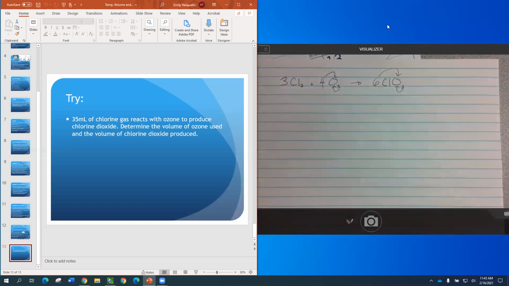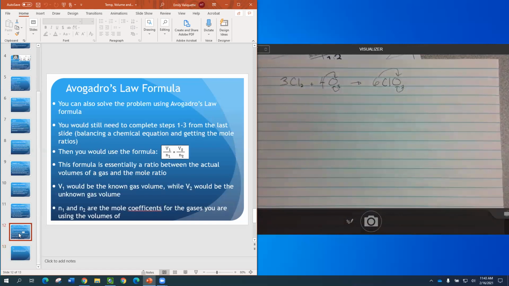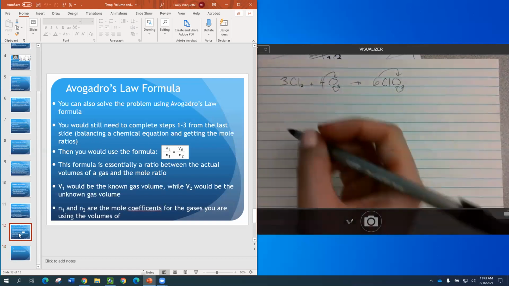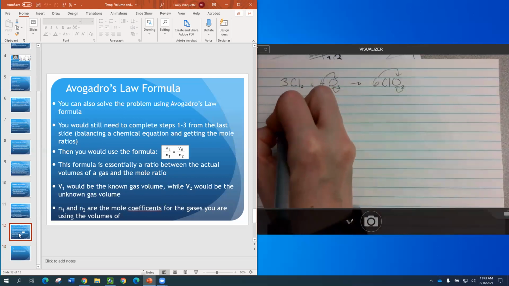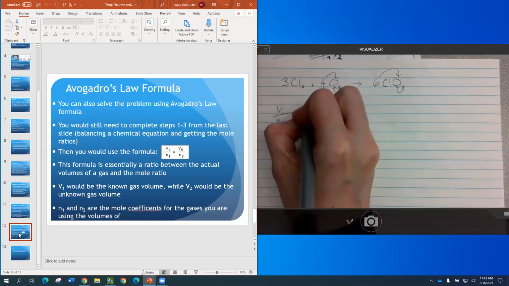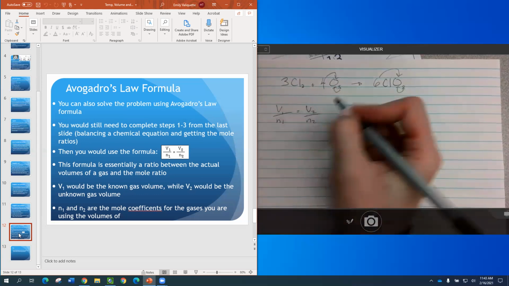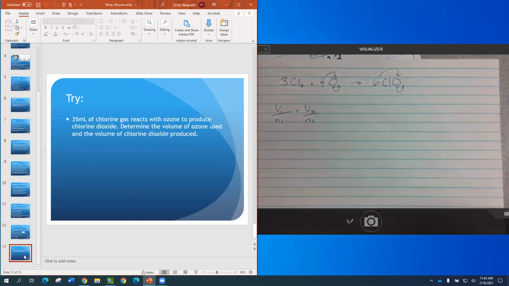Then I am going to use my Avogadro's law formula. So V1 over N1 equals V2 over N2. It told me my amount of chlorine gas. So we're going to start with figuring out my amount of ozone.